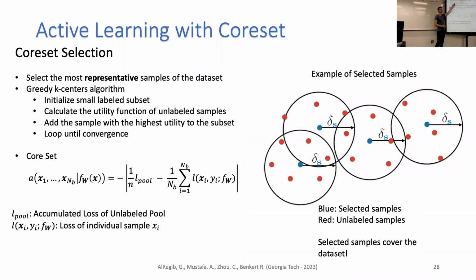And the most famous one here is the greedy K-centers algorithm. It's not really at the center of this lecture, so I have the paper at the end in the resources. If you're really interested in this, I'd recommend you read it. But the idea is that you initialize a small labeled subset and you calculate a utility function, which is typically based on the distance in the representation. You add the sample with the highest utility to this core set, and you keep on doing that until you converge.